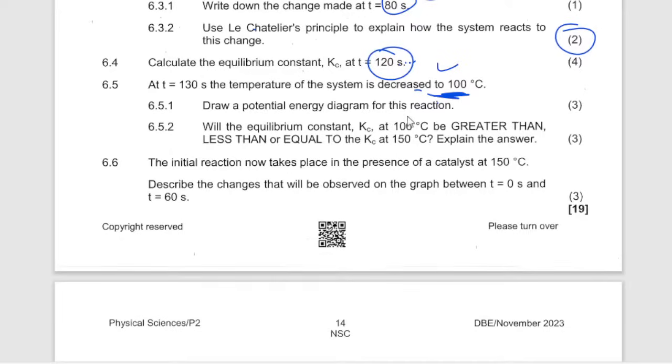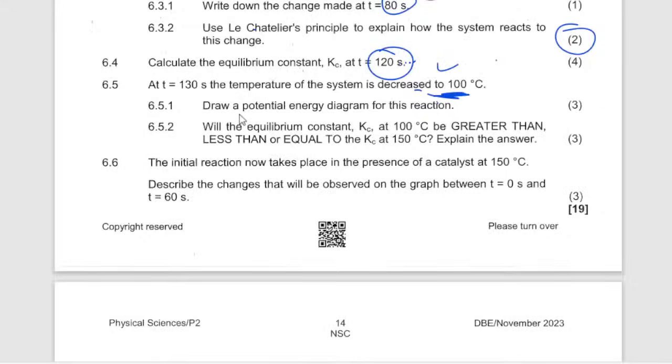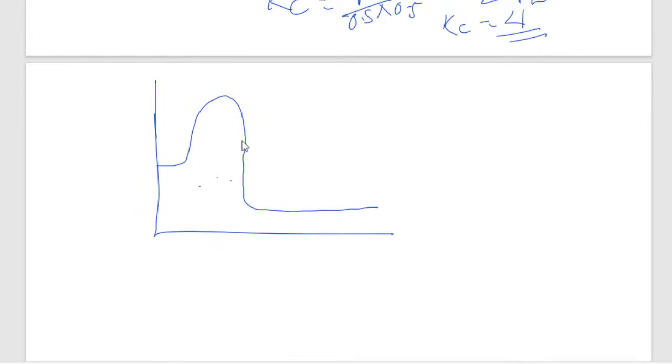Okay, they're saying write down the potential diagram for this reaction. So automatically, if it's exothermic, then the potential diagram, we talk about exothermic, so the energy is lost. Here is going to be AB, and then here reaction progress, and here the potential energy.